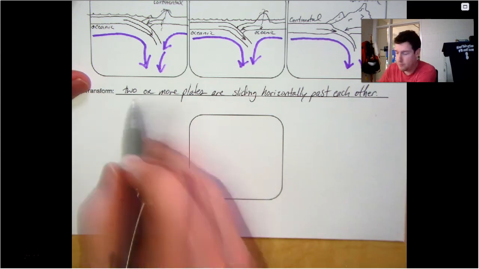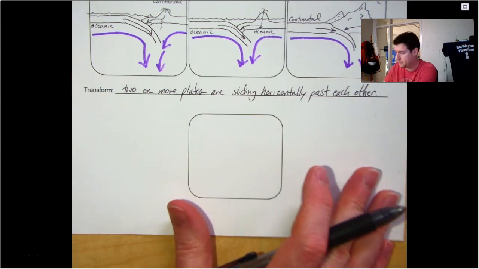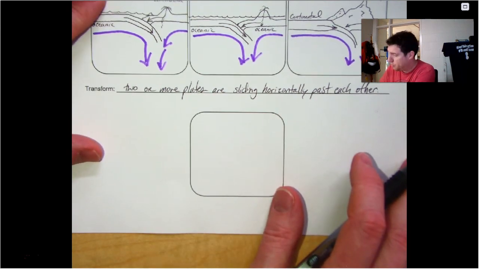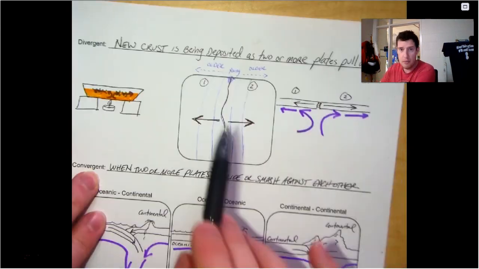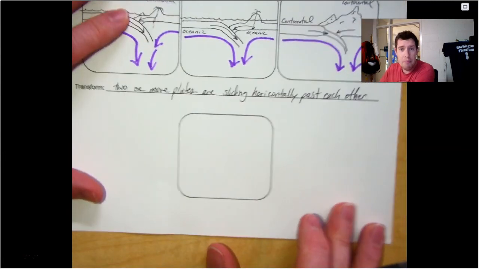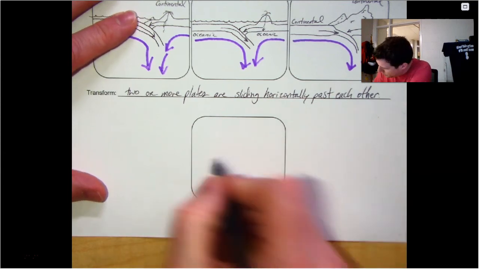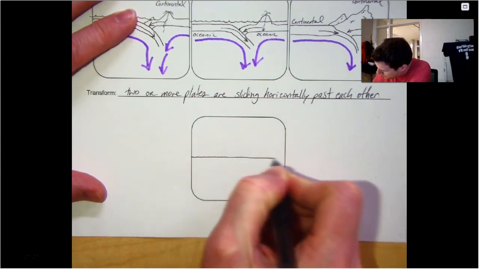And usually it's two plates. And this drawing is very simple. Very, very simple. It's even simpler than this one. Okay? The most famous example of a transform boundary in the world is in the United States.